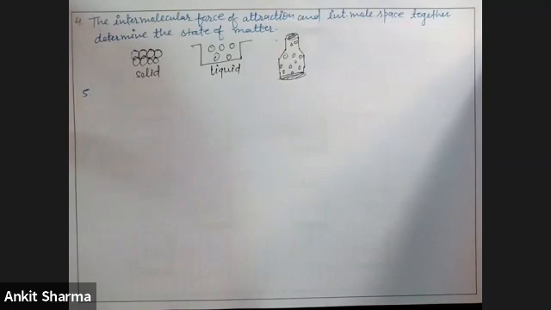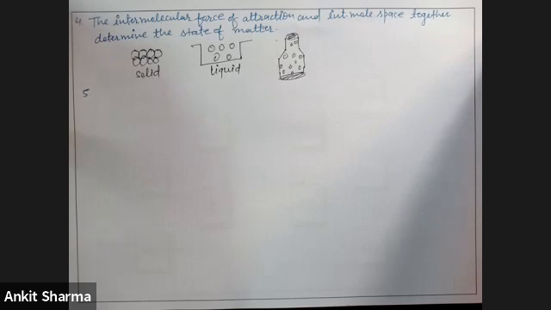Now the next point. When we studied the comparison between solid, liquid and gases, we learned a new word, that is rigidity. What does rigidity mean? How hard a substance is. As we know, solids are rigid. Solids are hard. And liquids are less rigid, and gases are not rigid.